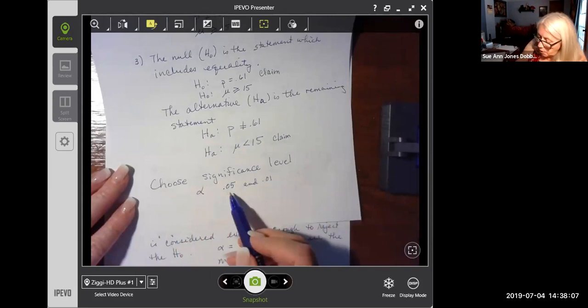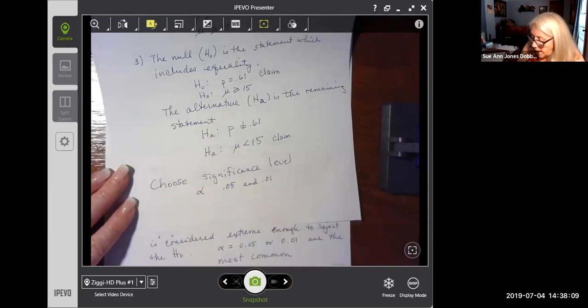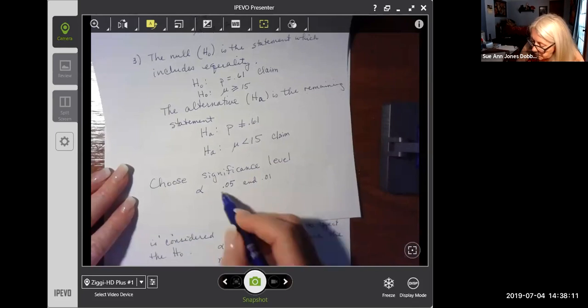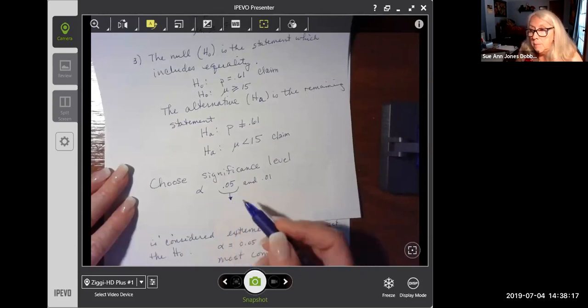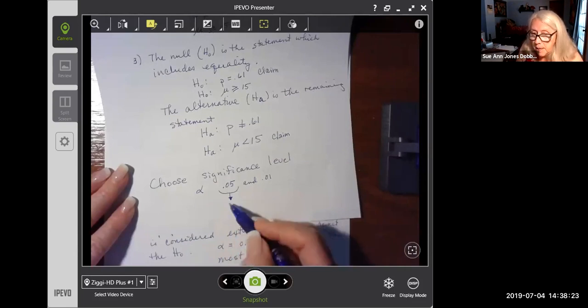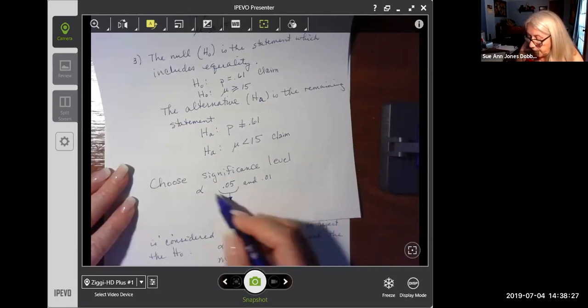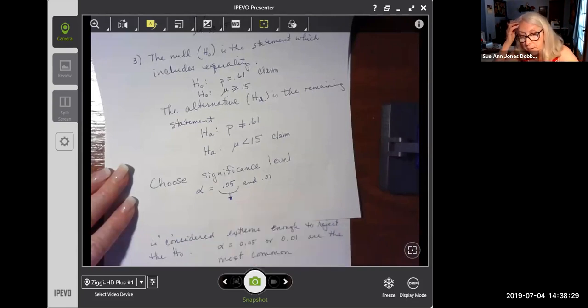And so what you should see is that it sets when something is really extreme. So remember, previously in the class we've said that something is a rare event or unusual when its probability falls below 5%. Okay? So that's what we're saying here if the alpha level is set to 0.05.